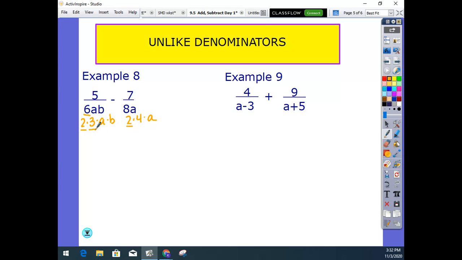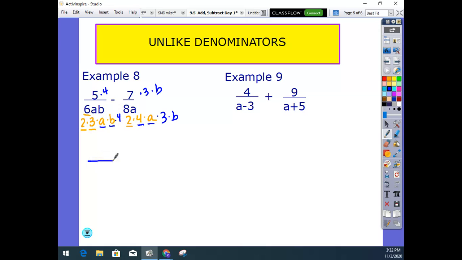This one has a 3, so I'm going to multiply top and bottom by 3, so they both have a 3. They both have an A, they both need a B, so I need to multiply top and bottom by B. This one has a 4, so I need to multiply top and bottom by 4.